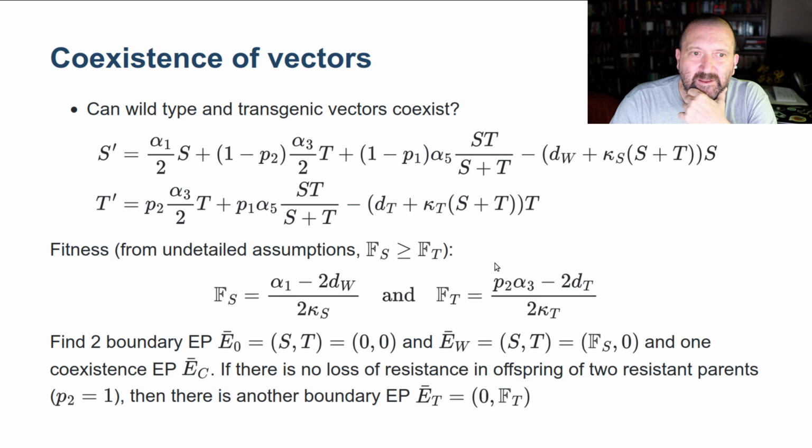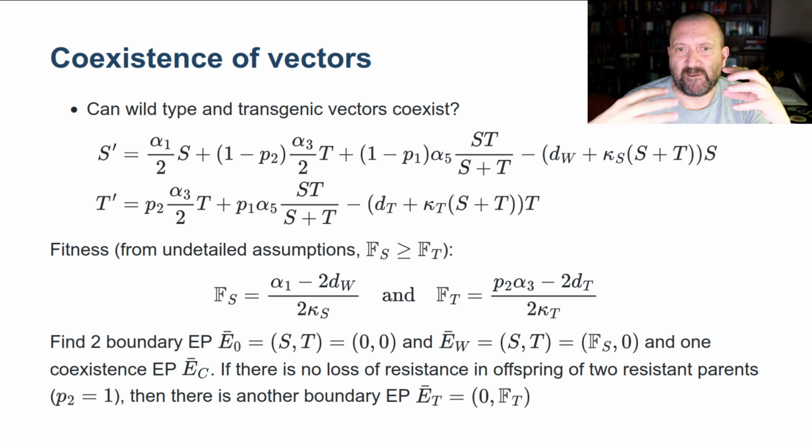But what happens in terms of the dynamics of the populations? So to begin with, we're going to assume that there's no disease whatsoever, and we want to know if a population in which there's susceptible, well, wild type and transgenic type mosquitoes can persist.